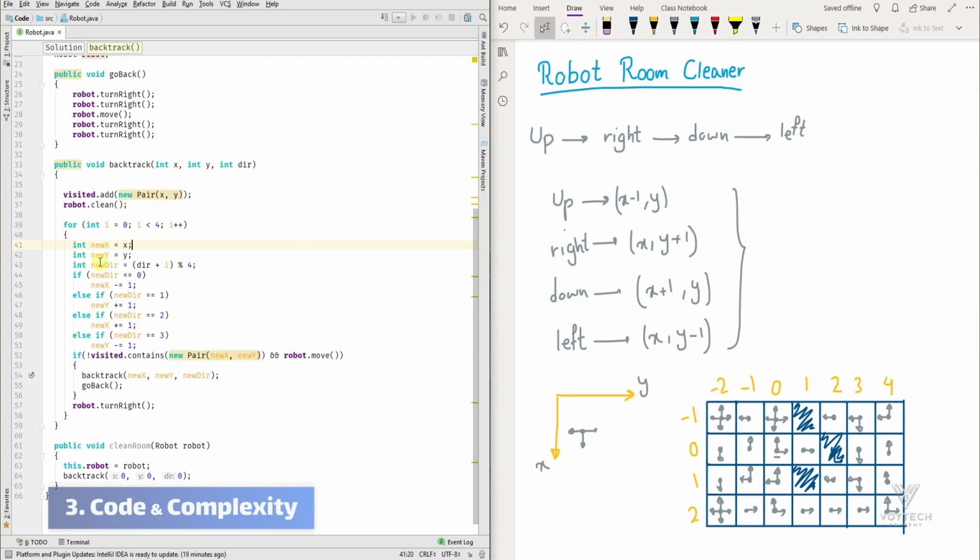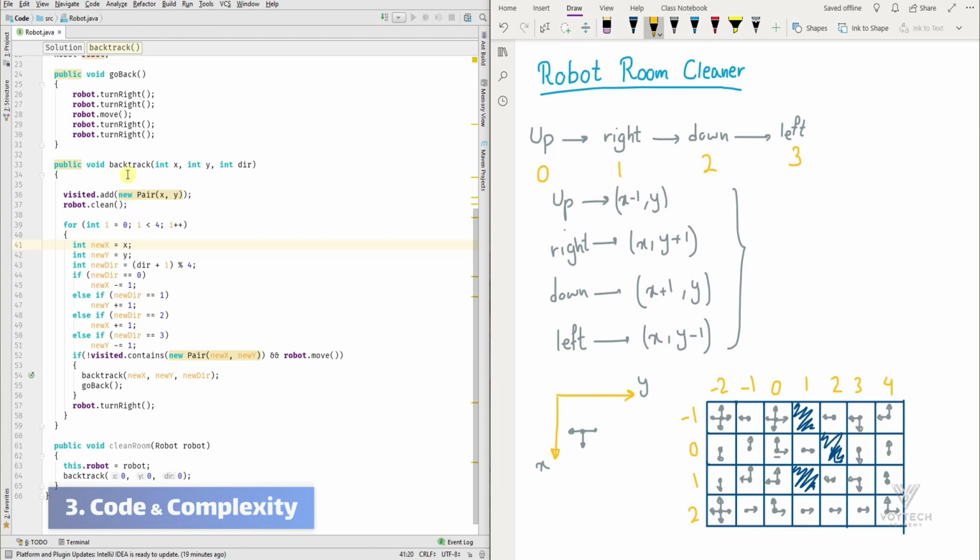Before I explain backtrack, I should say that we assign a specific number to each of these directions. We assign 0 to up, 1 to right, 2 to down, and 3 to left. So direction 0 means up, as the question says that the initial direction of the robot is up.